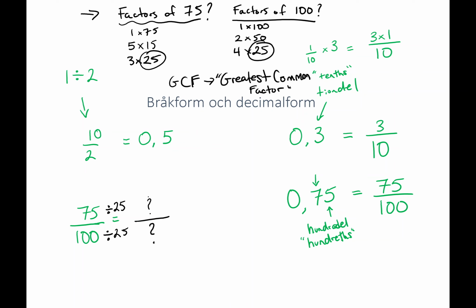When we divide these by 25, 75 divided by 25 gives us 3. 100 divided by 25 gives us 4. Since we found the greatest common factor here, we know that this is the simplest form. It's the simplest equivalent fraction of 75 over 100.